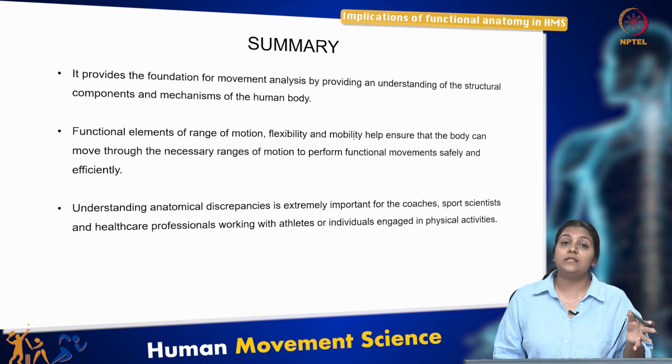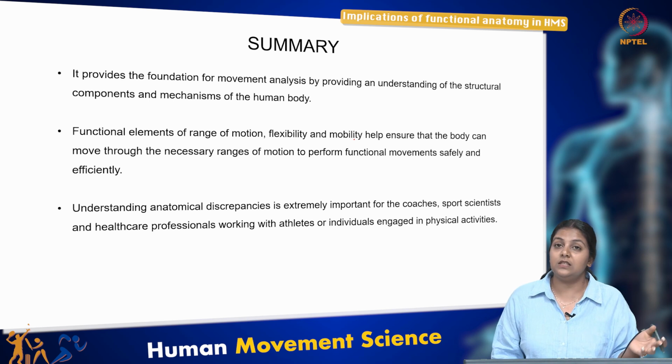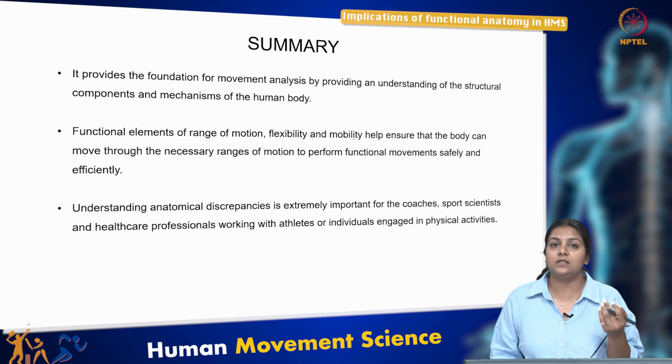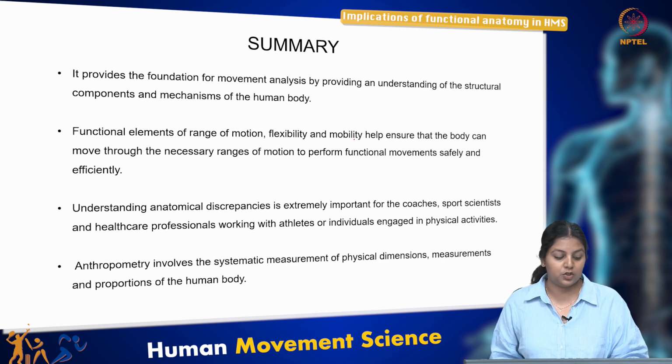And understanding concepts like anatomical discrepancies and anthropometry is extremely important for us coaches, sports scientists and healthcare professionals while working with athletes or individuals that are engaged in physical activity. This is very important to optimize performance and help reduce risk of injury.